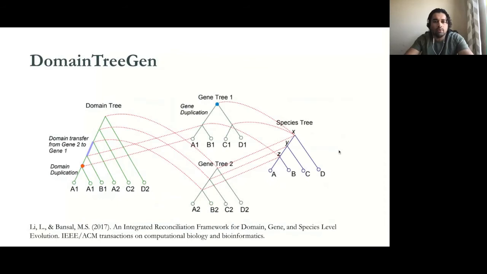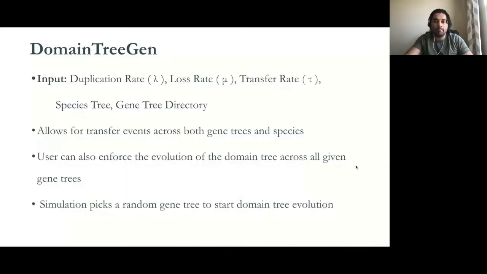And one of the biggest additions here compared to both of the existing simulation frameworks is the domain tree generator, which we add on top of the existing framework, which allows for evolving a domain tree on top of or within multiple gene trees. So this would support events exactly like we have for the gene tree, such as domain duplication, loss, and even transfer.